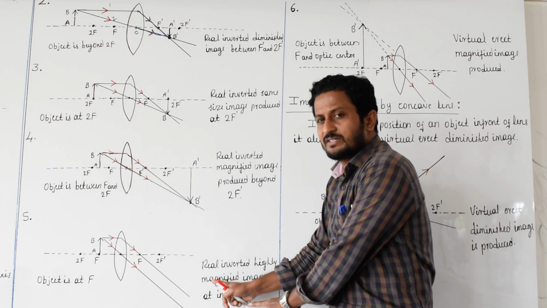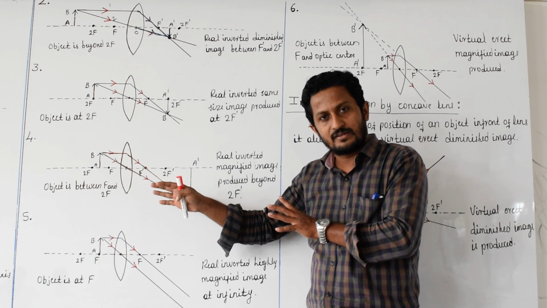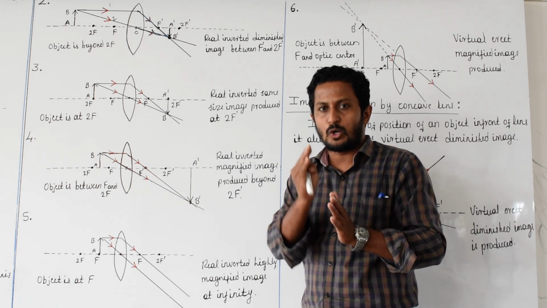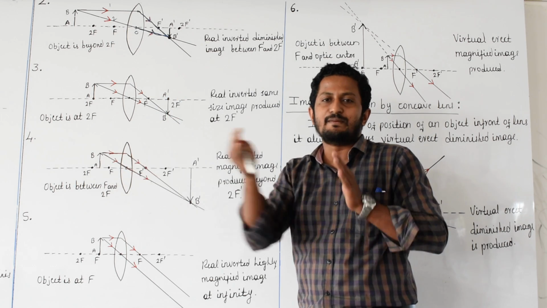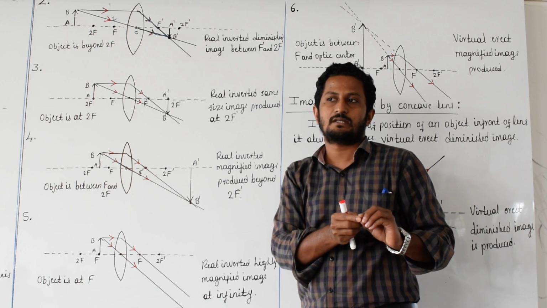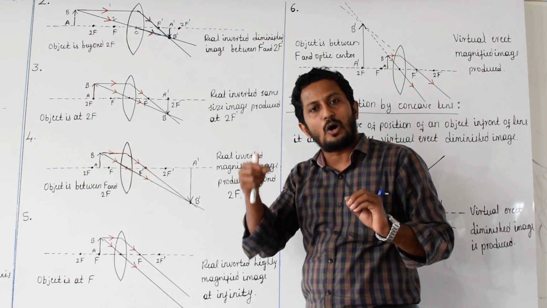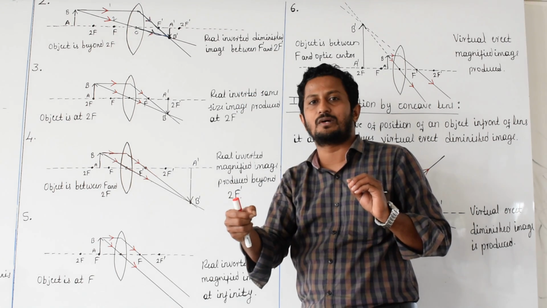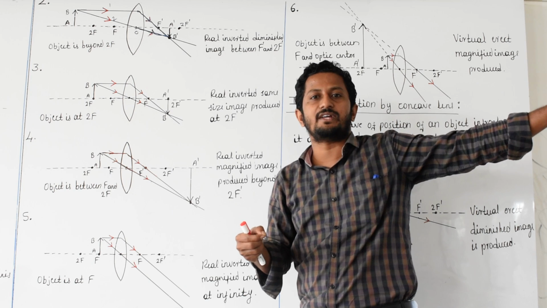This is the reverse case of the first case. In the first case we treated the object at infinity, and the image got produced at principal focus. Now in this case, we keep the object at principal focus, and the image is going to be produced at infinity.